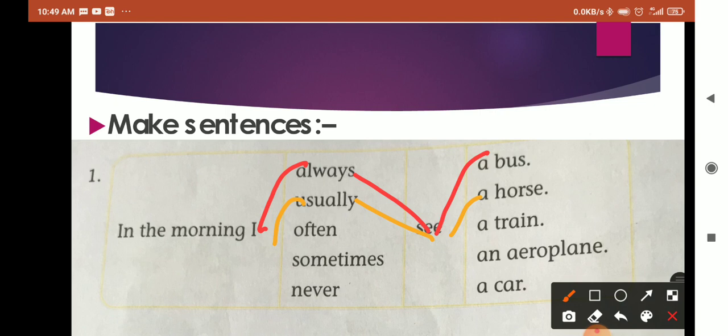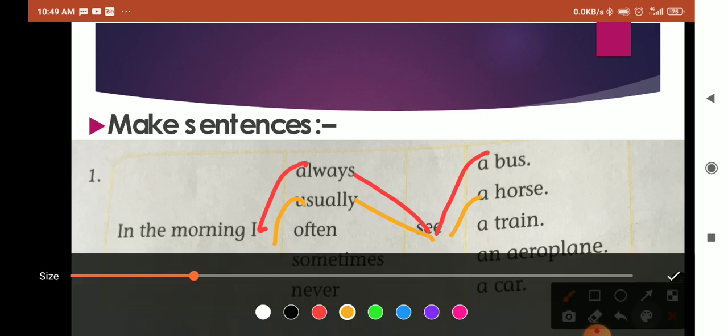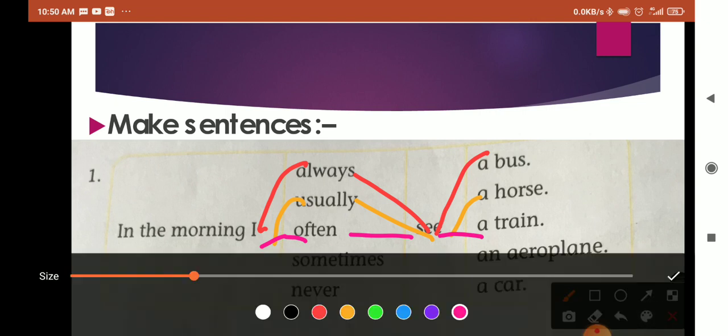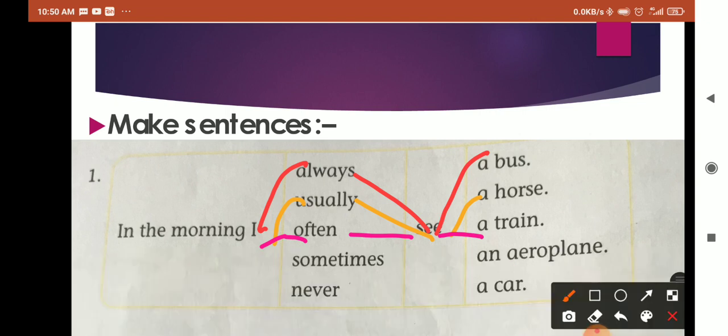Okay. Then next is in the morning I often see a train. Here often is again a mid position adverbial which shows the position of the adverbs at the midpoint.